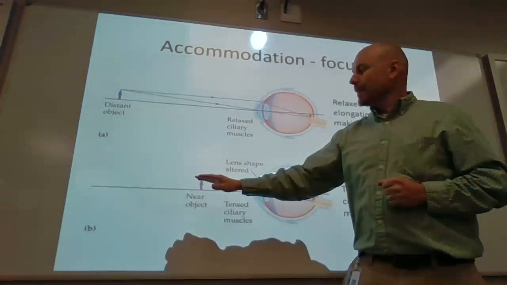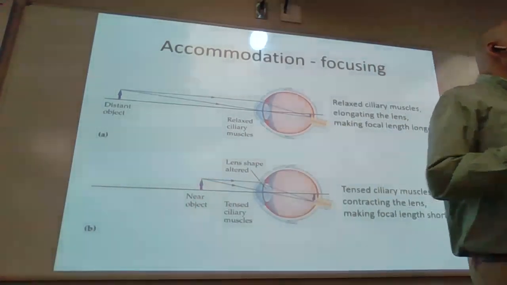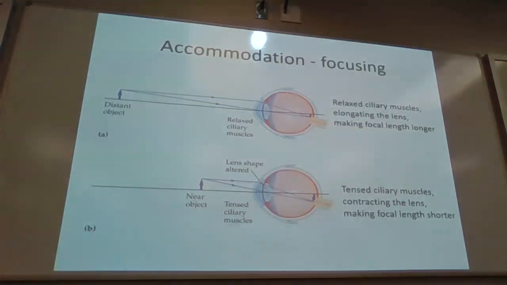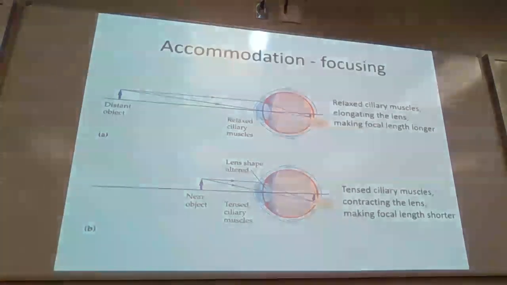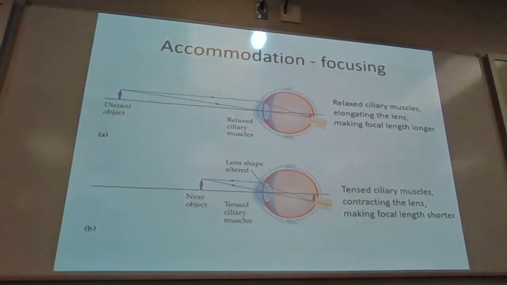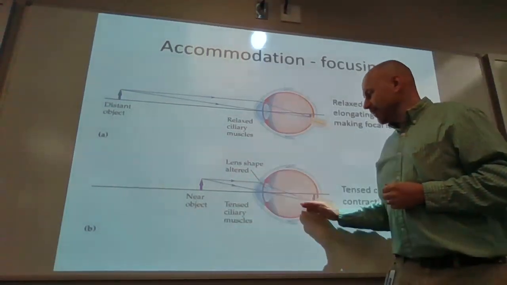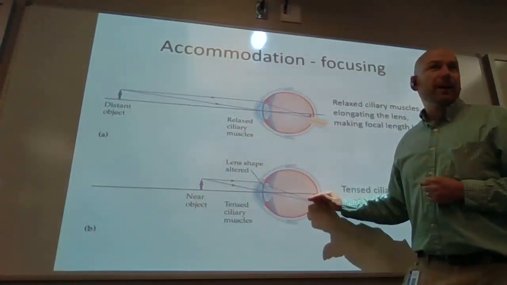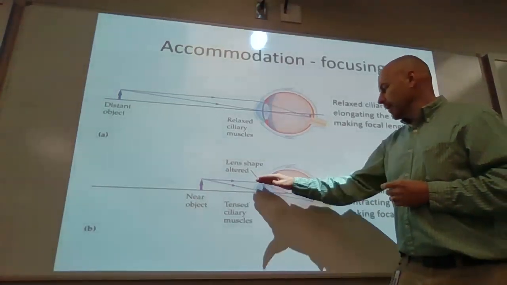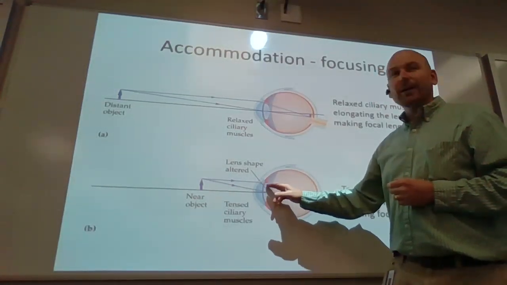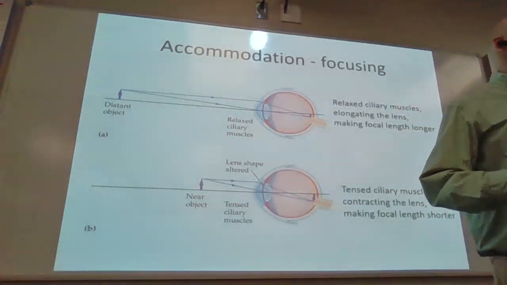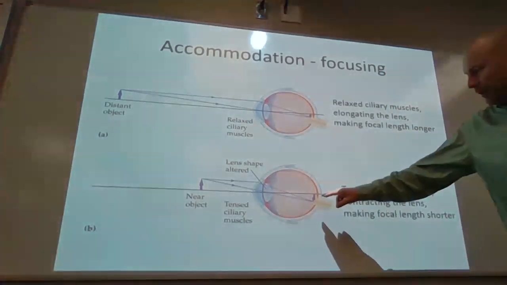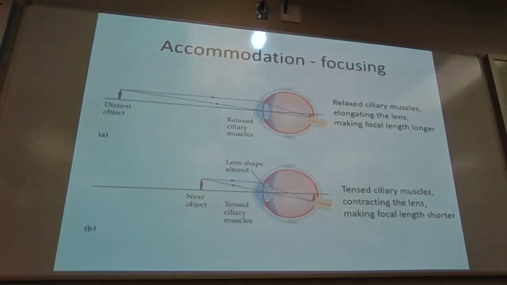Okay, if the object is close, you have to contract the lens, flex the muscles, and that causes the refraction to bend more severely, refract more, like a bigger change in direction. Okay, so it decreases the focal length. That's pretty cool. We're going for an image in the back there.